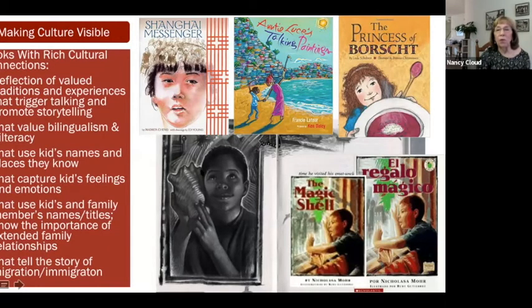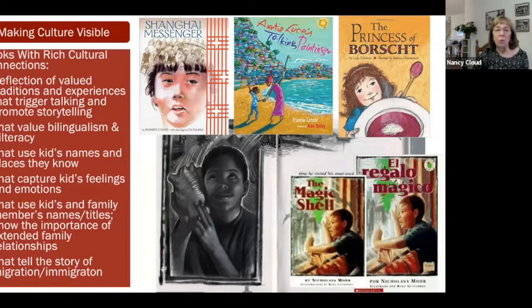All of these books value bilingualism and biliteracy. They use the actual names of all of the relatives and neighbors and local places. They're all using words that represent concepts that are important in all of these cultures. And they capture kids' feelings and emotions as bilingual, bicultural individuals.